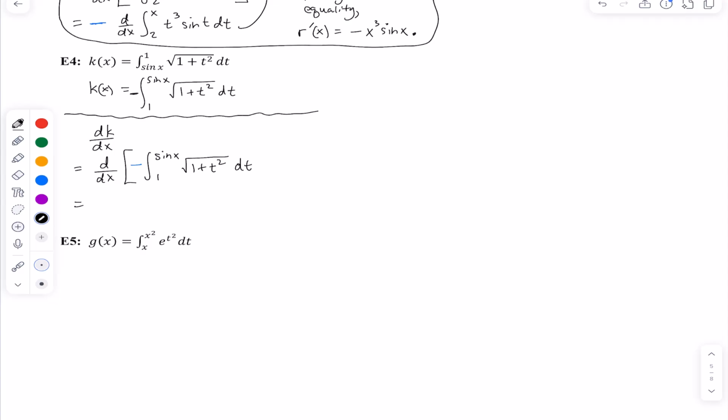And so the derivative of a constant times a function of x, we could put that constant out in front. The constant of -1 goes all the way to the front. And now we have to analyze this function.